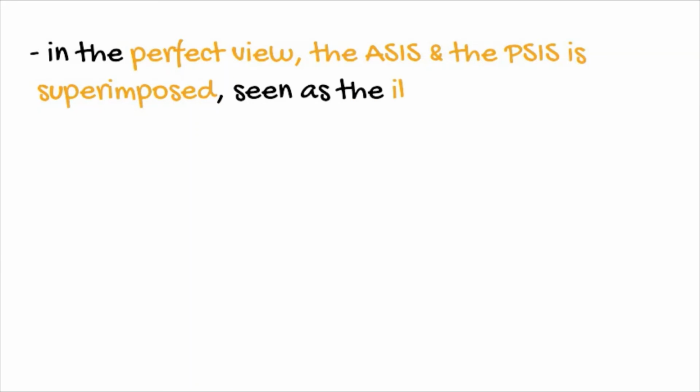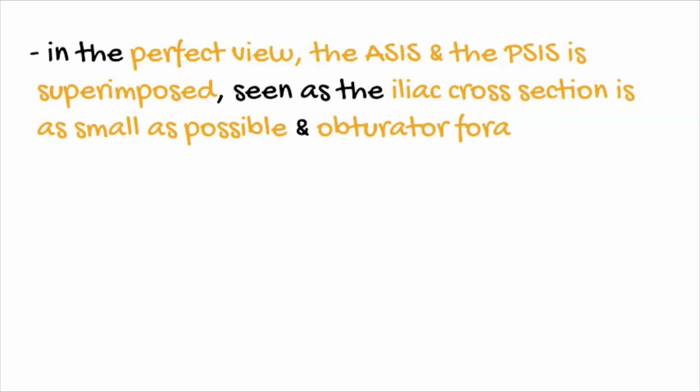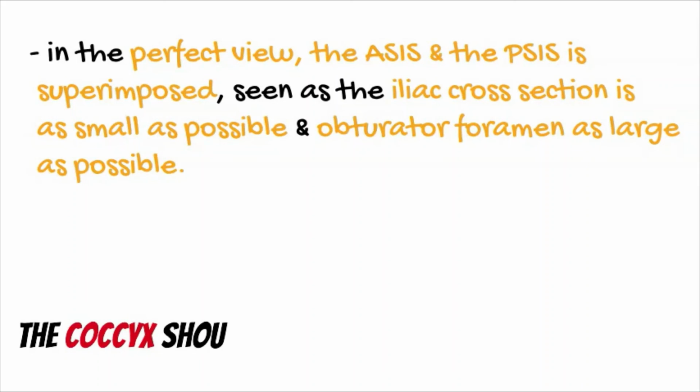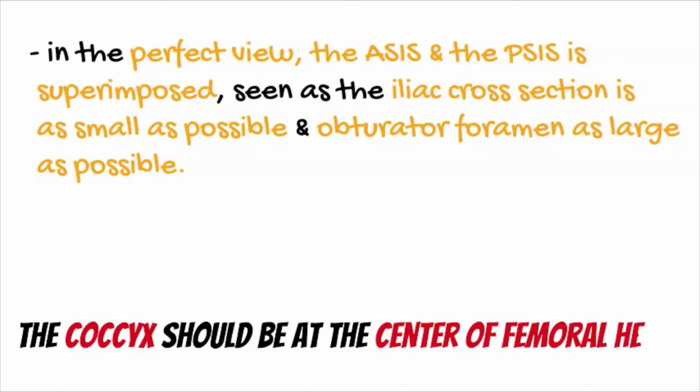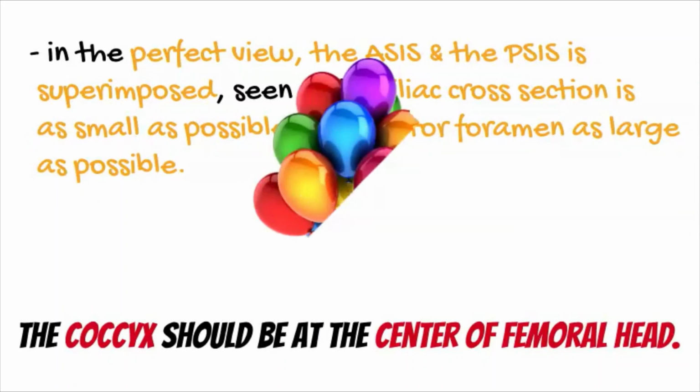In the perfect view, the anterior superior iliac spine (ASIS) and the posterior superior iliac spine (PSIS) are superimposed, seen as the iliac cross-section is as small as possible and the obturator foramen as large as possible. The coccyx should be at the center of the femoral head.